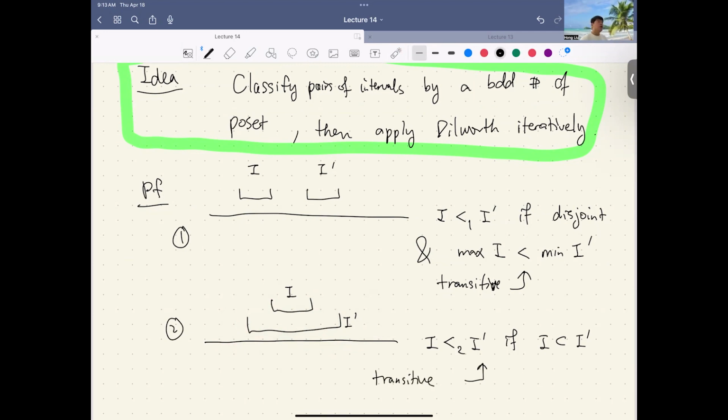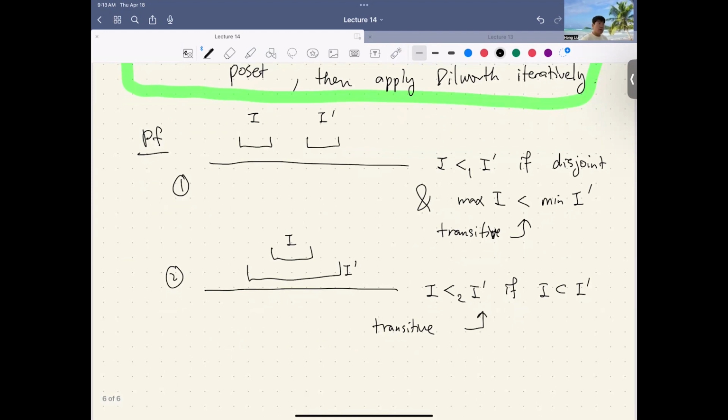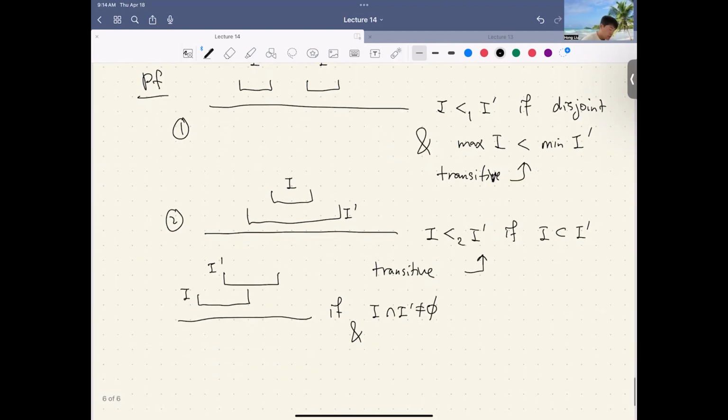Okay, so the only things that are not comparable in either of the posets are what? These are not comparable, right? If I intersect I prime is not empty, and at the same time, how do I write it?